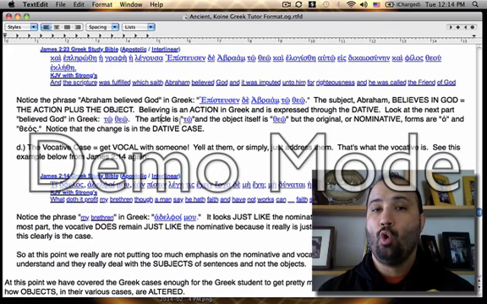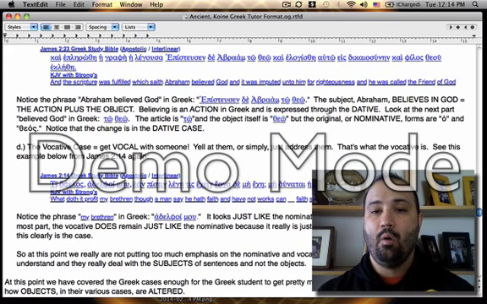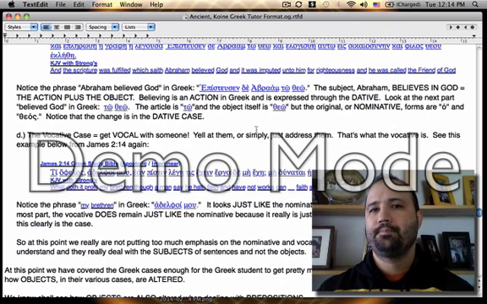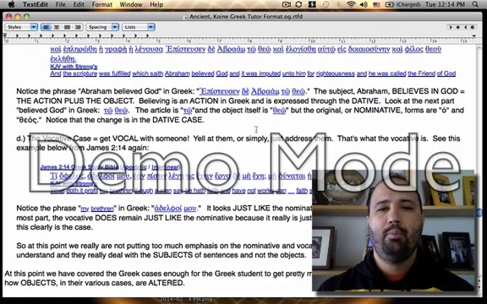The article is to, the object itself is Theou. Okay, so the original nominative form of this noun for God, okay, would be o Theos, o, and then Theos.